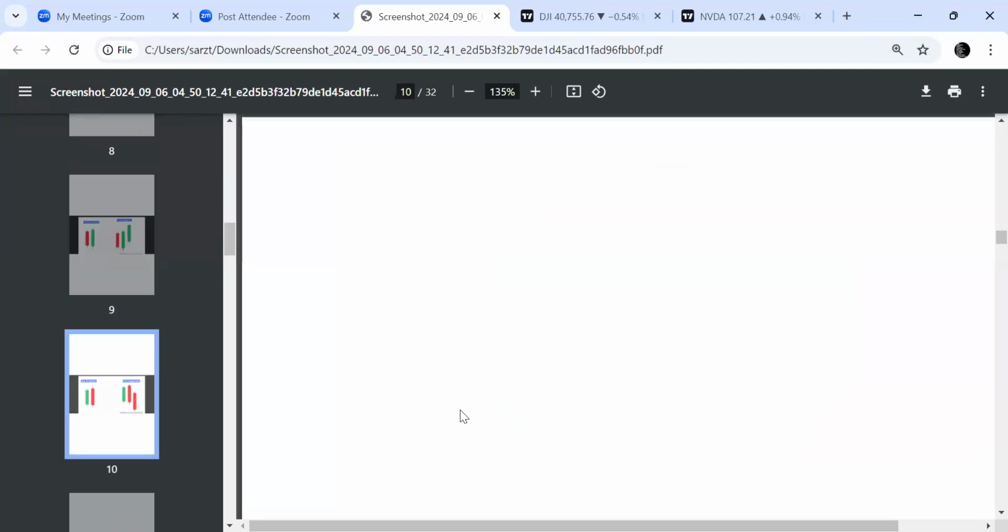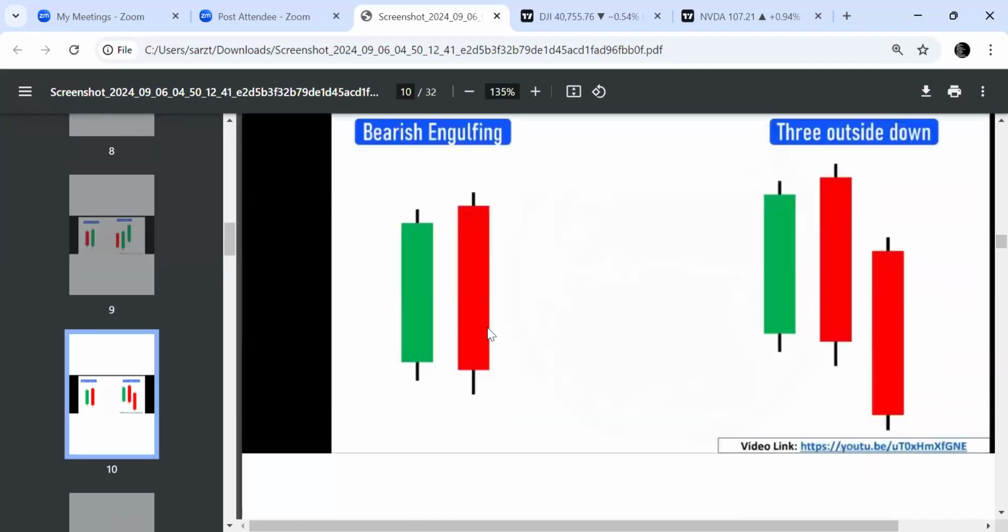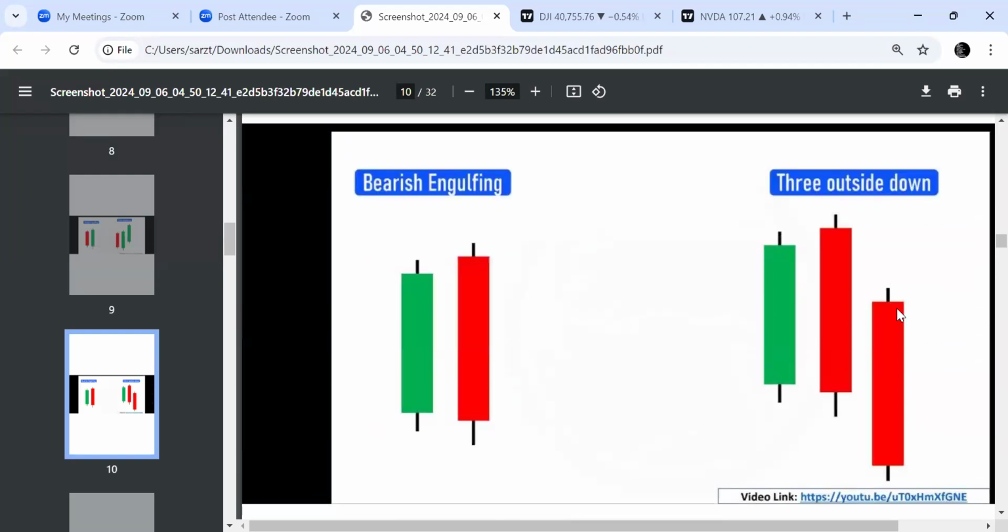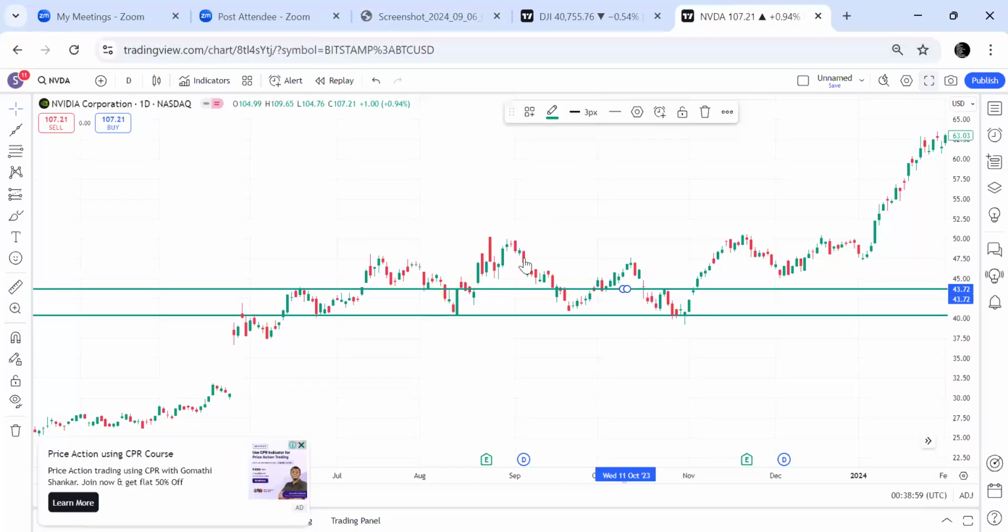And if the confirmation candle forms for the bearish engulfing, we call it three outside down. It's just that we are getting the confirmation. In a bearish engulfing, there may be a chance that it may be fake, a fake candle. But in three outside up and three outside down, we are getting the confirmation.